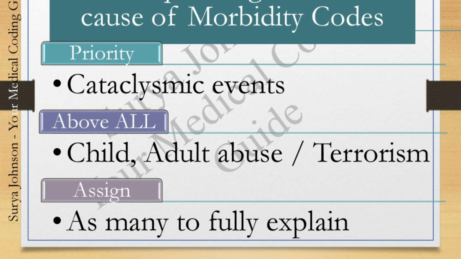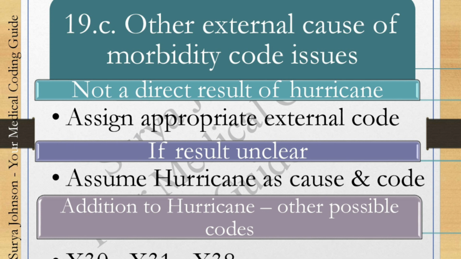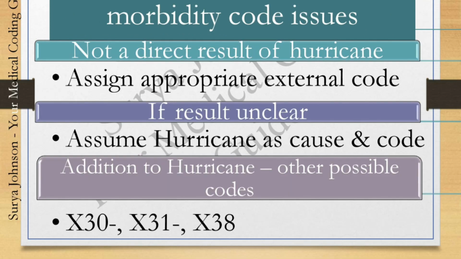So the 19C is the other external cause of morbidity code issues. So there might be some other condition that happened to the patient, like external causes that are not related to the hurricane. In that case, you will assign appropriate external codes related to that also. And for example, there are some other external causes, but it's not clear whether it's because of the hurricane or some other thing.